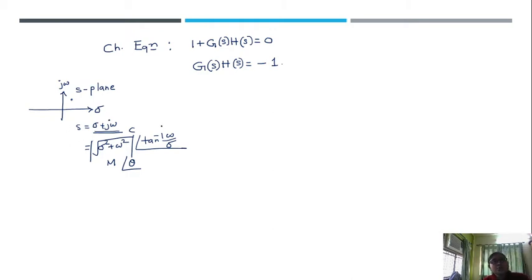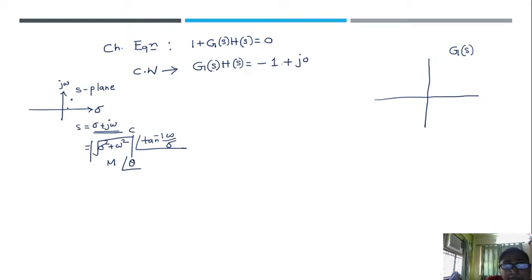So these are the two forms. As s is a complex plane, naturally G(s)H(s) will also be a complex plane. If I write G(s)H(s) in Cartesian form, I can write it as minus 1 plus j0. Suppose this is my s-plane, and this is my G(s)H(s) plane.